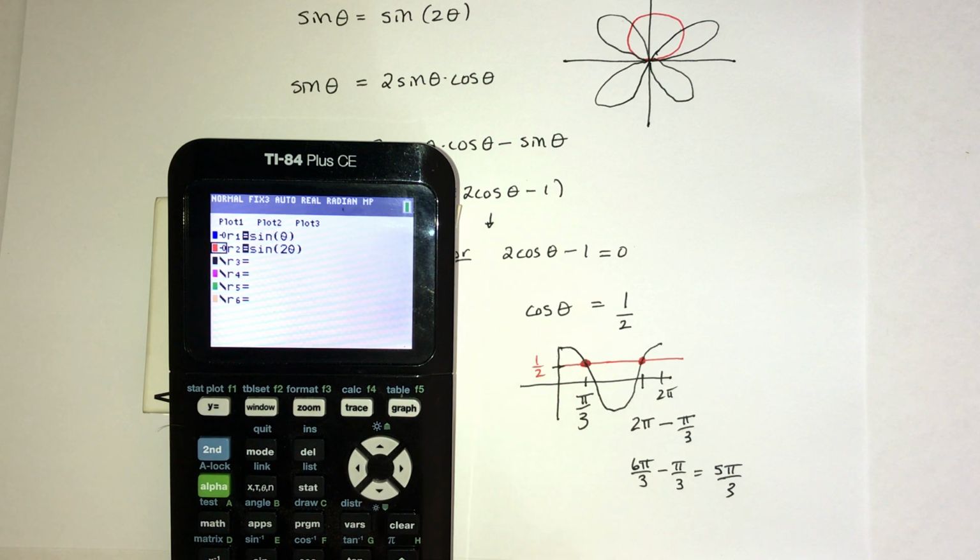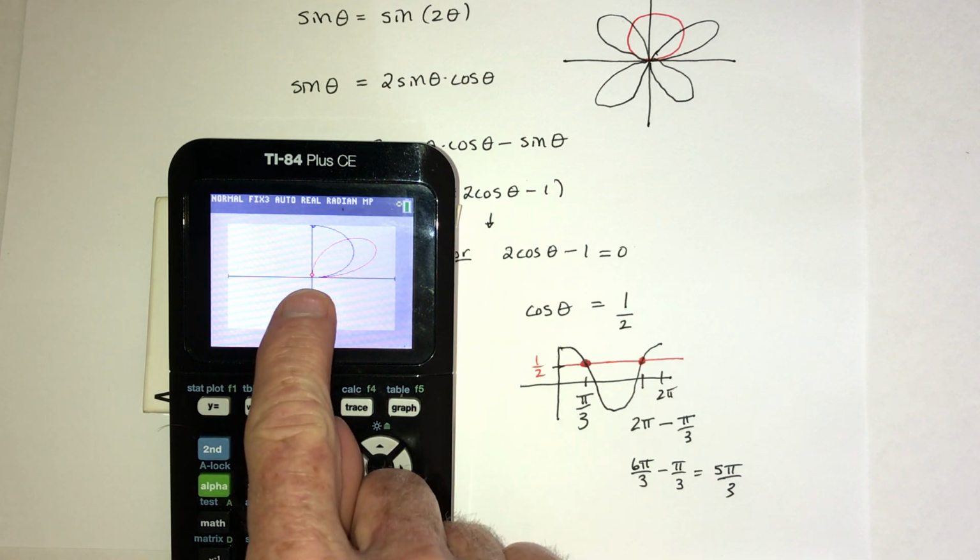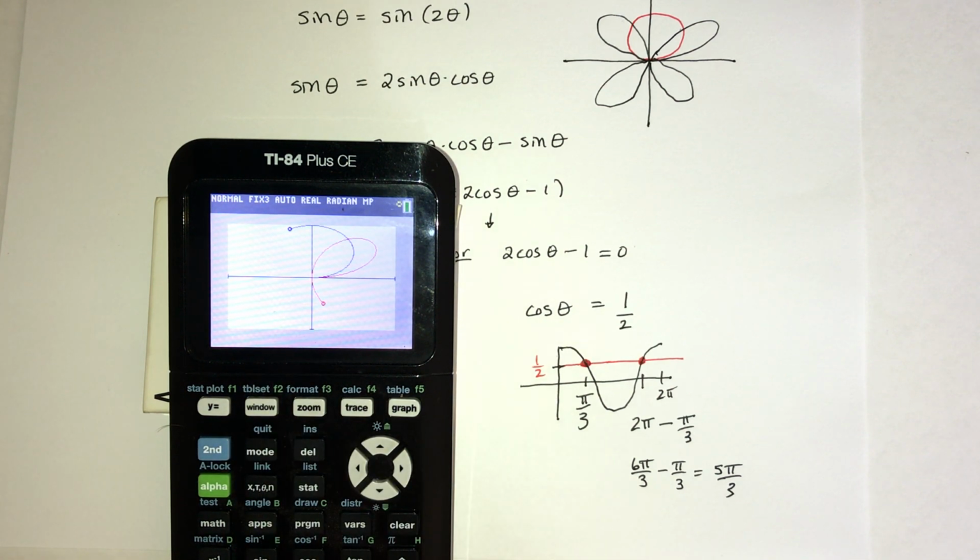So just use the right arrow key to choose that. And then, okay. So now when it graphs it, you could see the two circles, and then we need to see, did the two circles get to the same place at the same time? That's a yes. That is one of the extra answers that we got that we're going to have to throw away. And it looks like they're going to get to the origin.